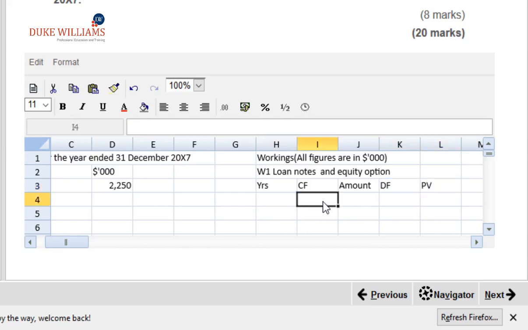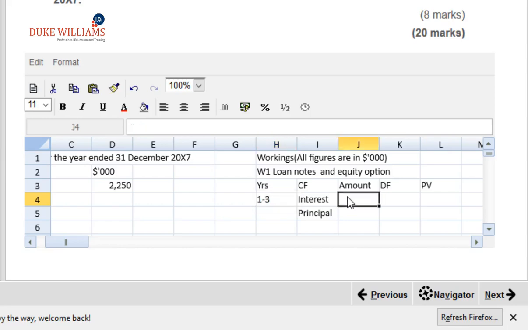Now the cash flows are the interest, and on the redemption we'll have the principal. So what I will often do is that the interest would accrue over the 3-year period. So it means that it's year 1 to year 3.